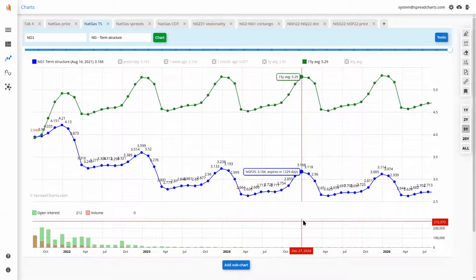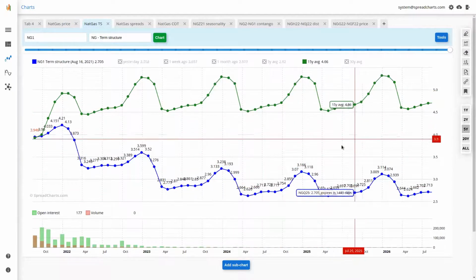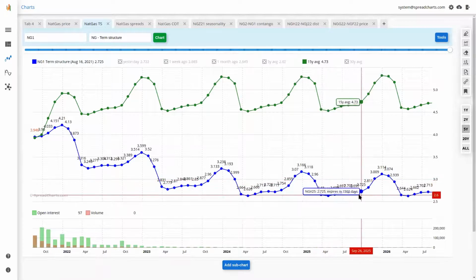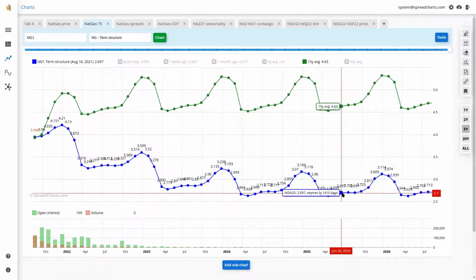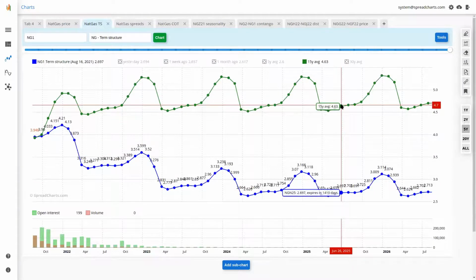That this is a short-term bottleneck in production and transportation, and maybe the weather is bad and so on. This is the game as usual, because this was the game over the past 10 years. Every spike in Nat Gas was just shorted into oblivion. And you can see that if we move into the more distant part of the curve, the prices are roughly $2 below the 15-year average.